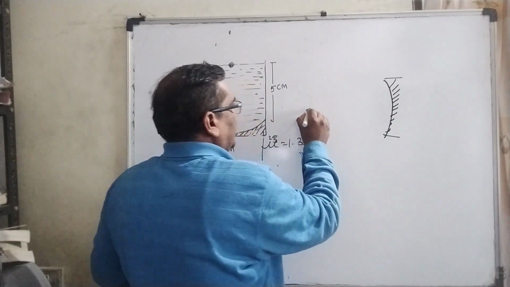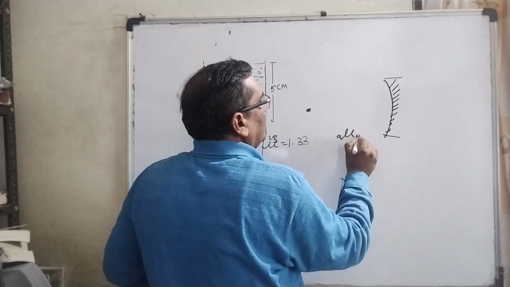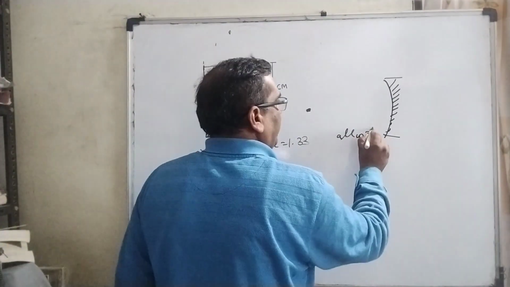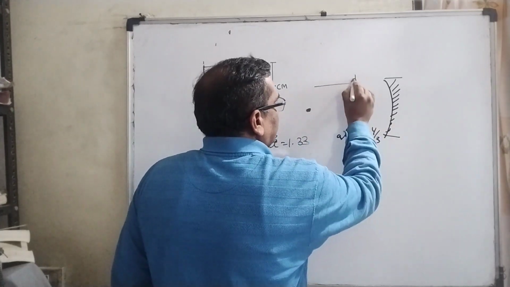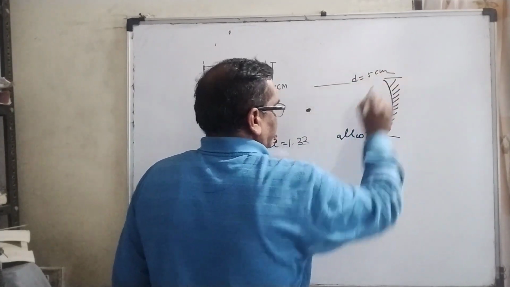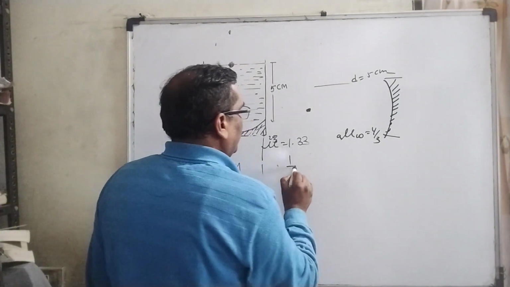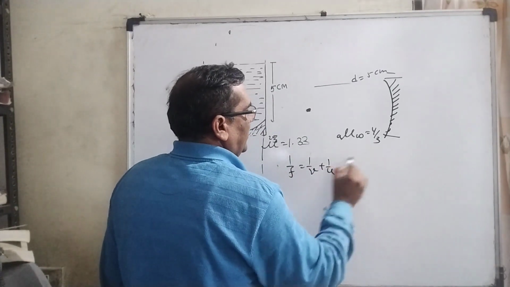and the object is here, and what is the refractive index? The refractive index of water with respect to air is 4 by 3 and the total distance is d equal to 5 centimeter. Then using the mirror formula, what is the mirror formula? 1 by f equal to 1 by v plus 1 by u. And what is our f?